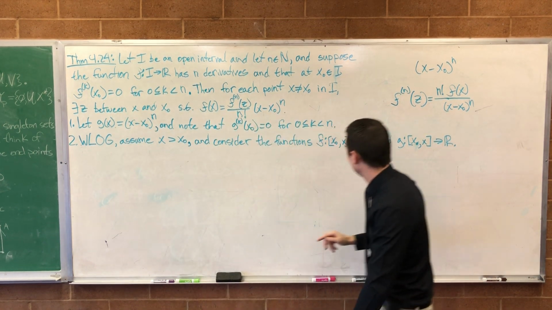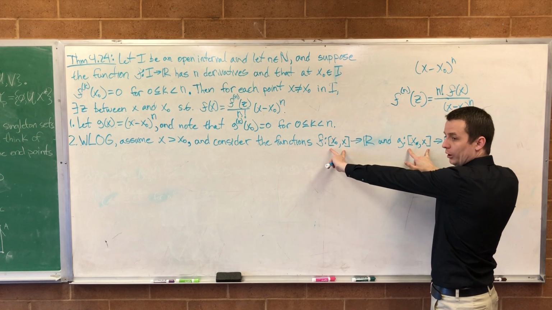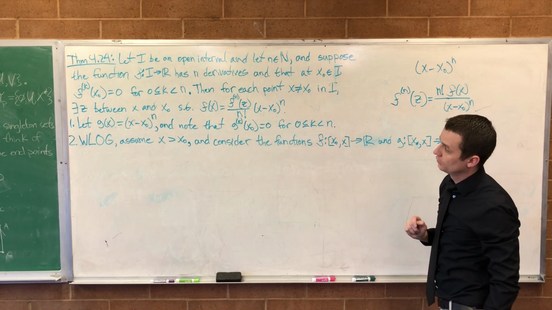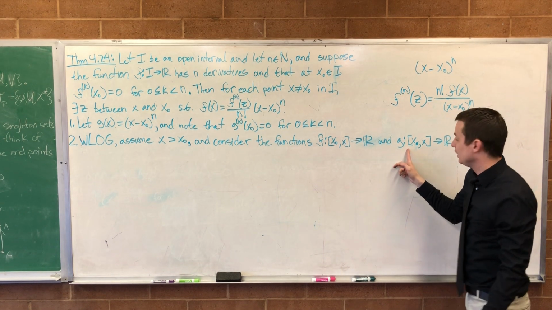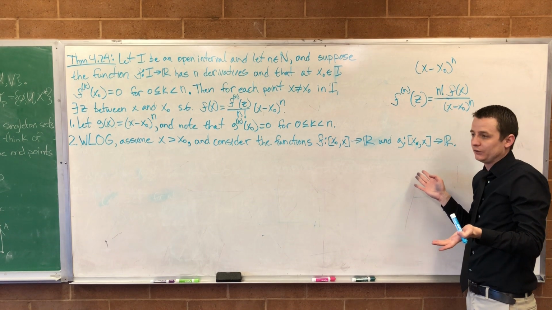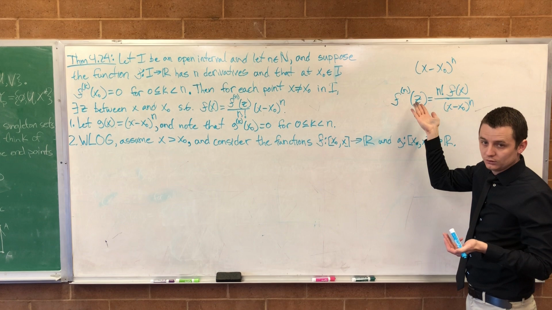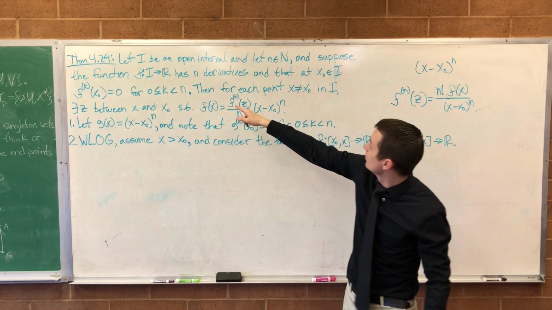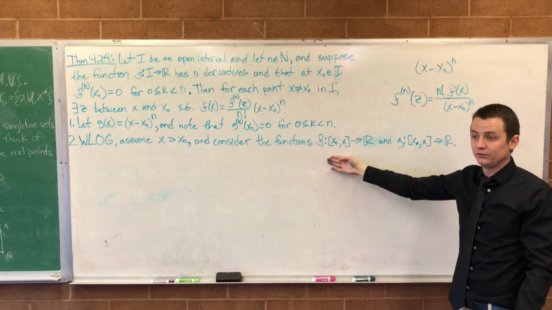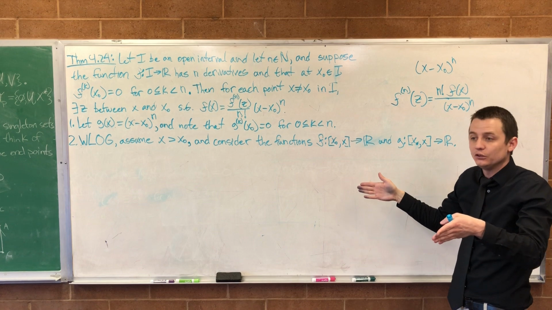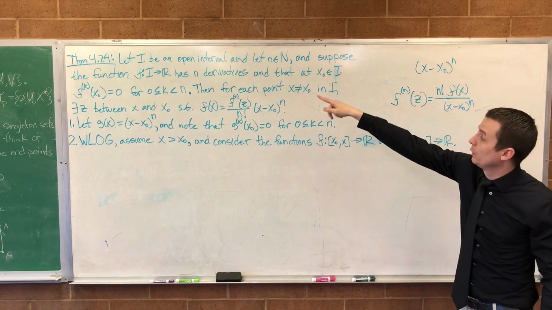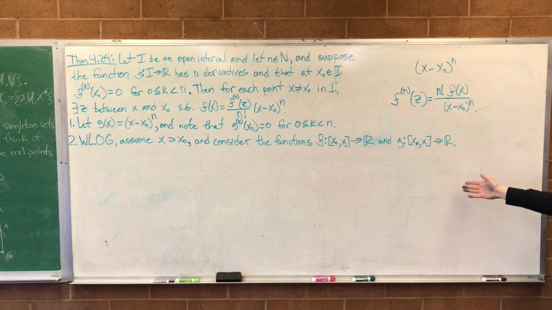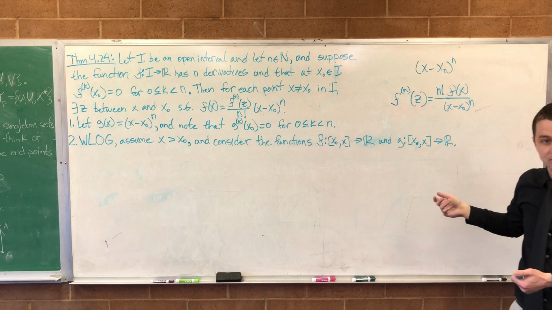The Cauchy mean value theorem works for two functions on a closed interval that are continuous on that interval and differentiable on the open part of their intervals, right? We know that g is differentiable everywhere and continuous everywhere. It's just a polynomial. And f is given to us as having n derivatives, and obviously if it's differentiable everywhere, it's continuous everywhere on that interval. So we now know that the Cauchy mean value theorem holds. Does that make sense?